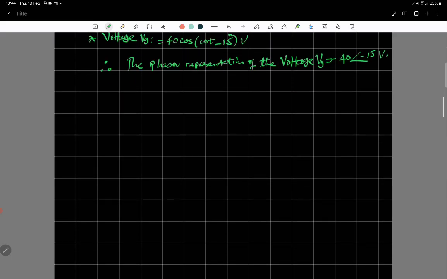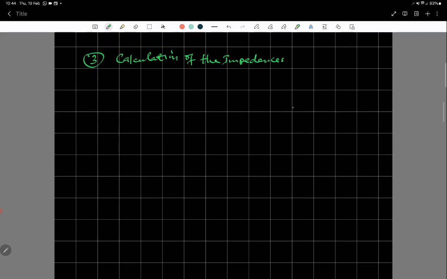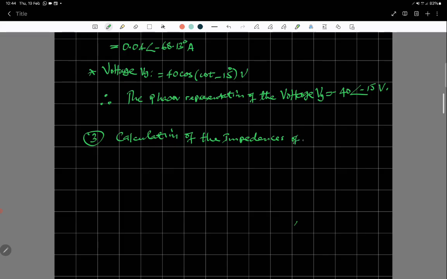Now, the next step is the calculation of the impedances of the resistor, inductor and the capacitor.